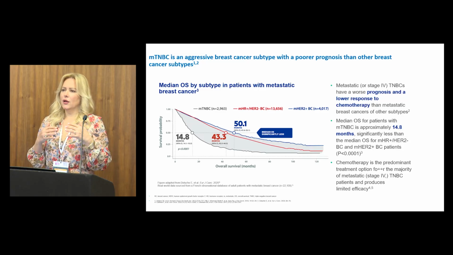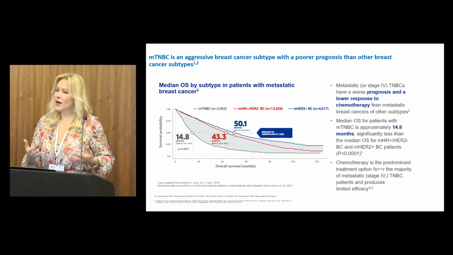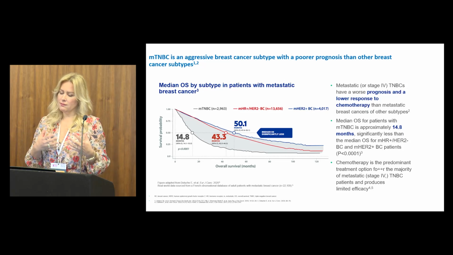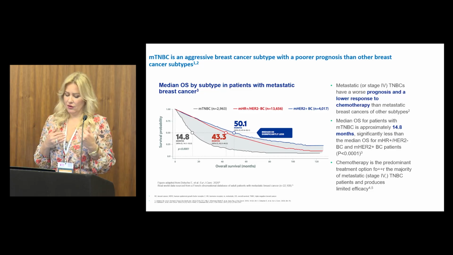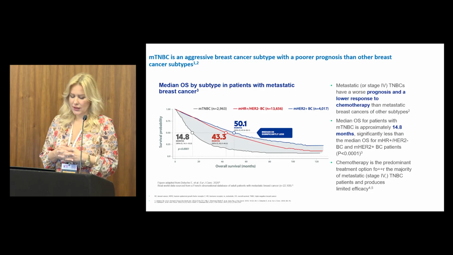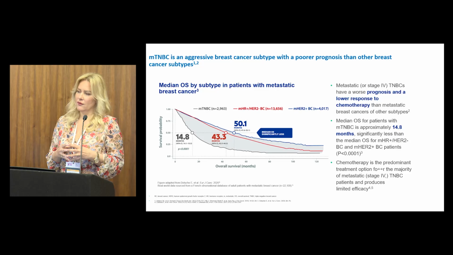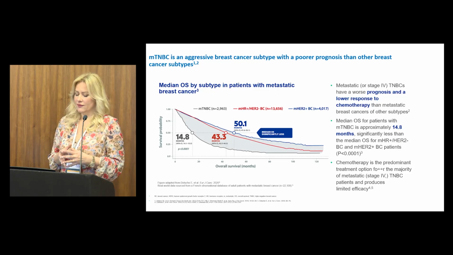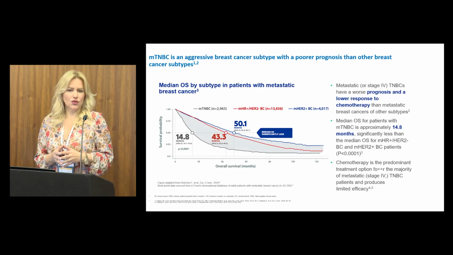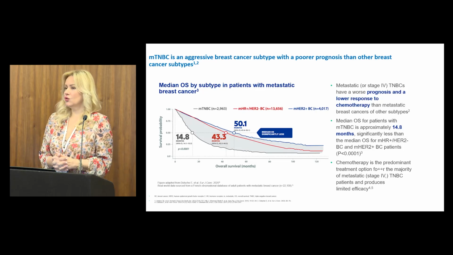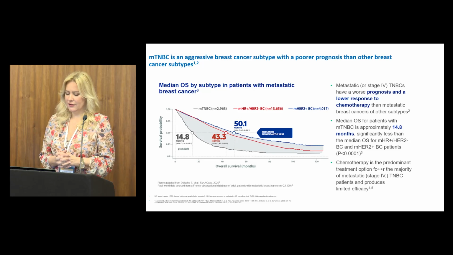And here we see the duration of survival from diagnosis based on the different breast cancer subtypes. You can see that the gray is the triple-negative breast cancer duration of survival from the time of diagnosis, which is about 15 months, compared to the nearly 15 months for the HR-positive and the HER2-positive metastatic breast cancer patients, who do much better than the triple-negative breast cancers.